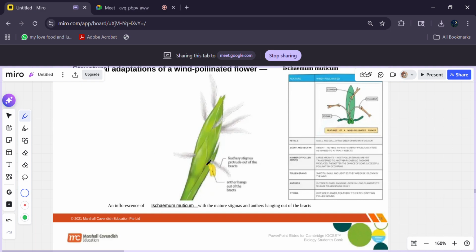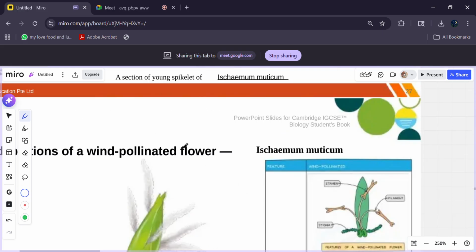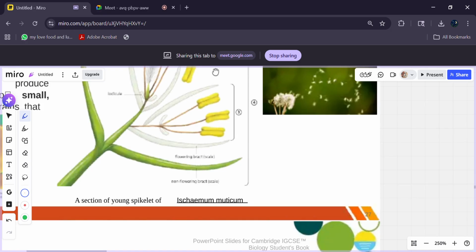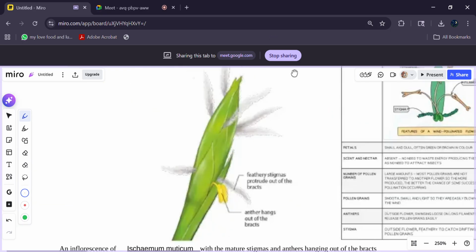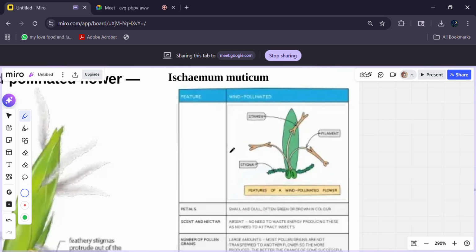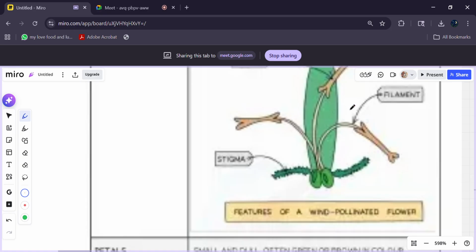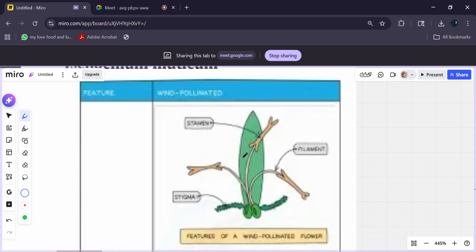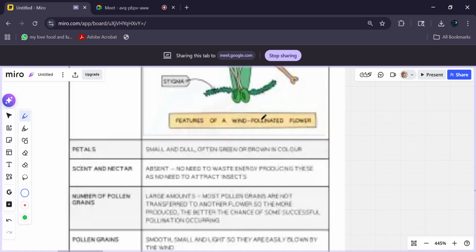You can see here is the upper part of the flower. In a wind pollinated flower, as you can see in this diagram, we have the stamen, stigma, and filaments. This makes it bisexual because it consists of both male and female structures.